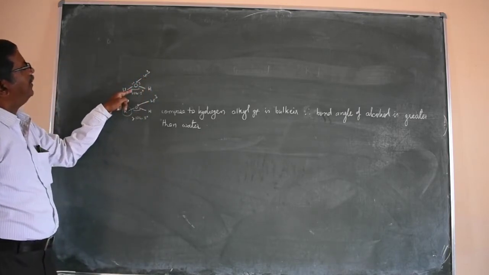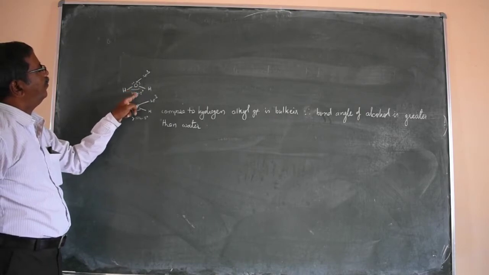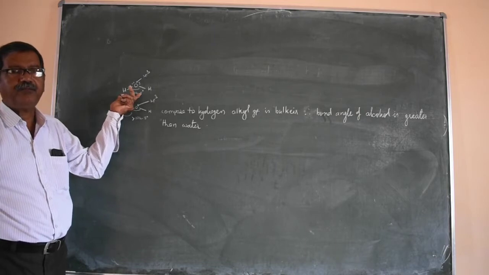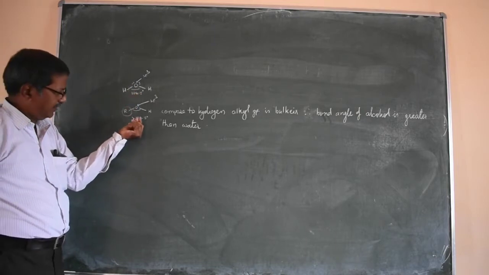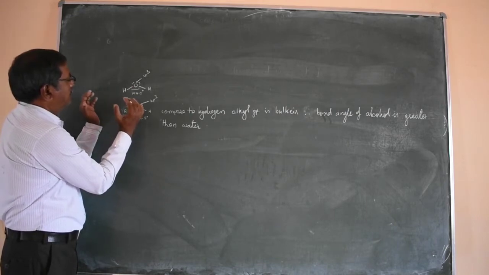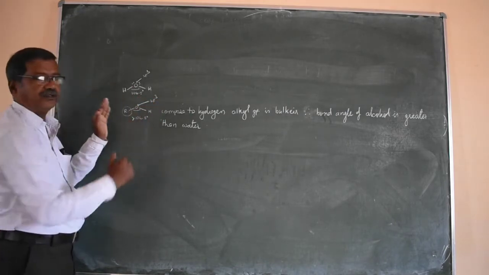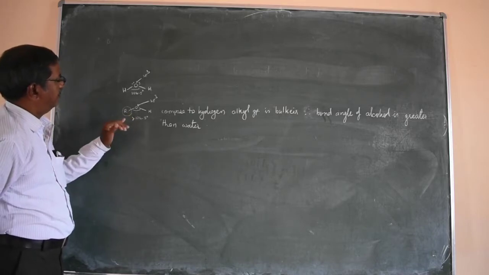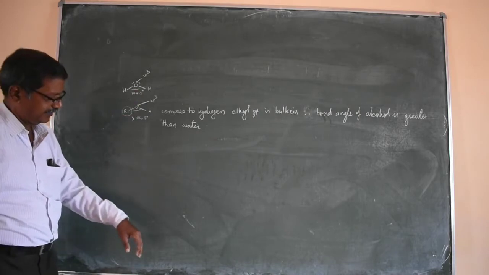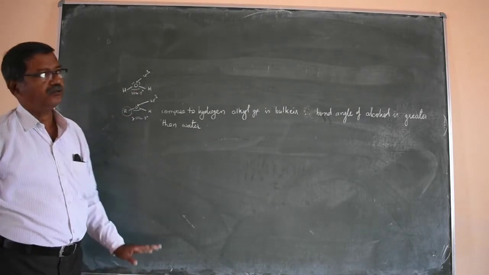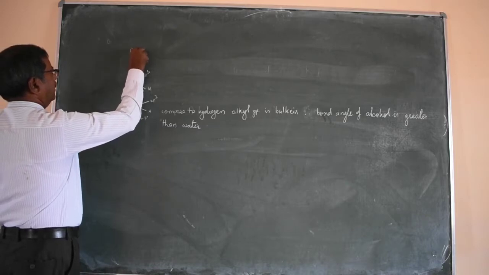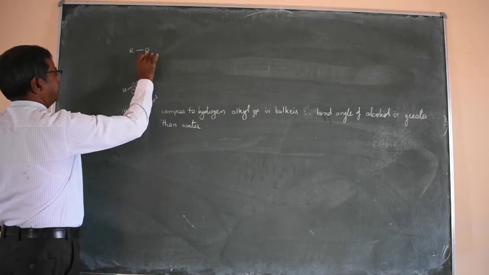So the bond angle decreases to 104.5 degree instead of 109.5 degree. And here the slight increase is due to the repulsion between the larger alkyl group and hydrogen. So always you have to remember the bond angle of alcohol is greater than that of water. Well, we have a bent shape, it's R, O, H like this.